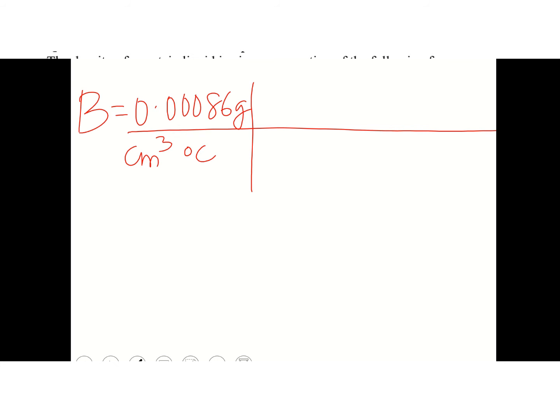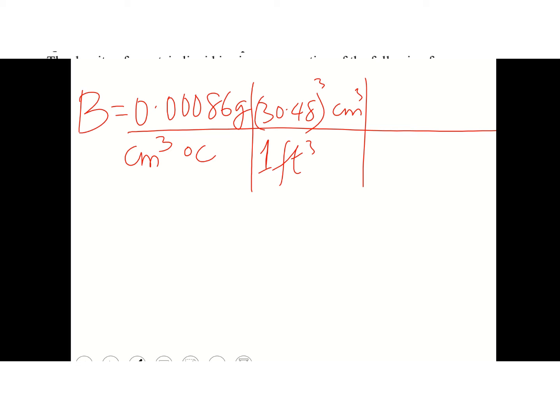Then let us do the conversion. We have cm cube is equal to 1 foot cube.